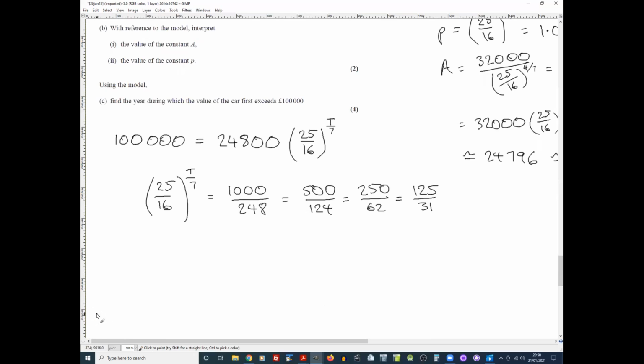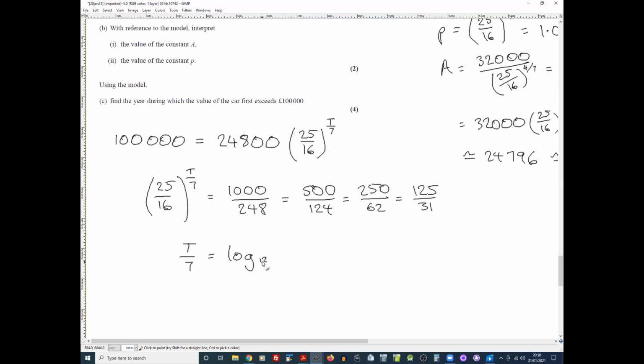Agree. And then that equals 25/16 to the t over 7. So we could say t over 7 equals log, and the base of the log is 25/16.